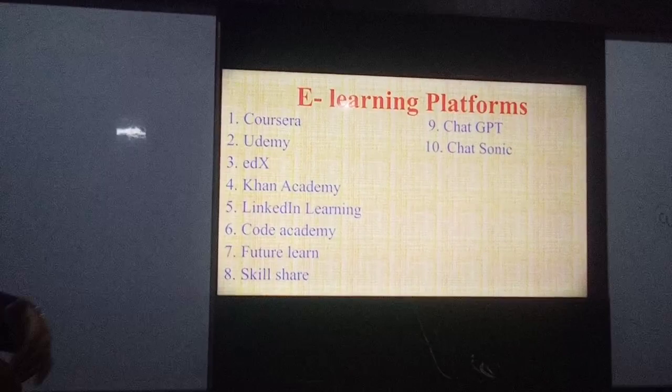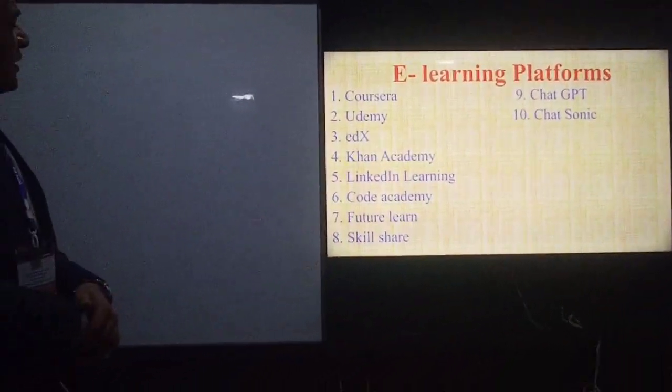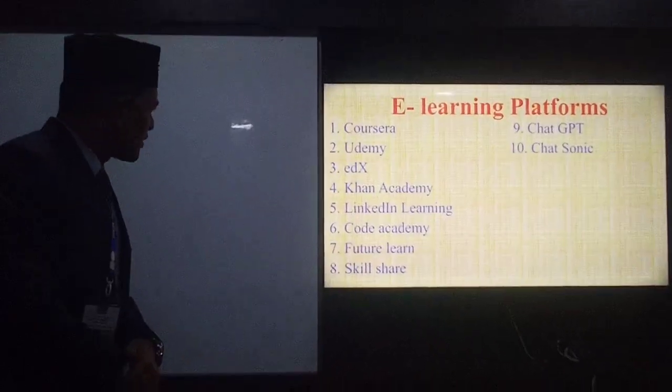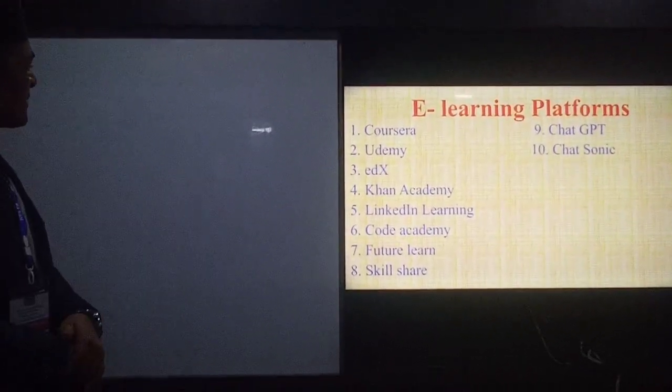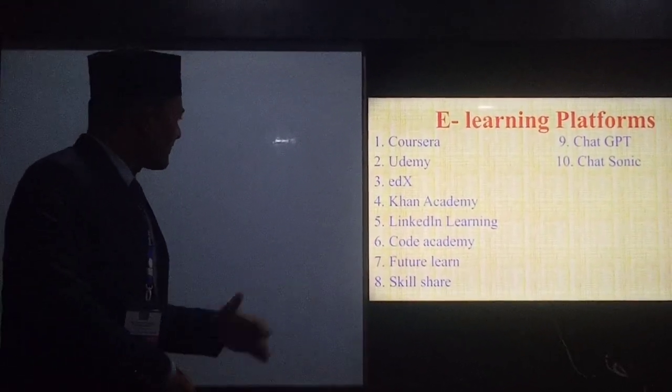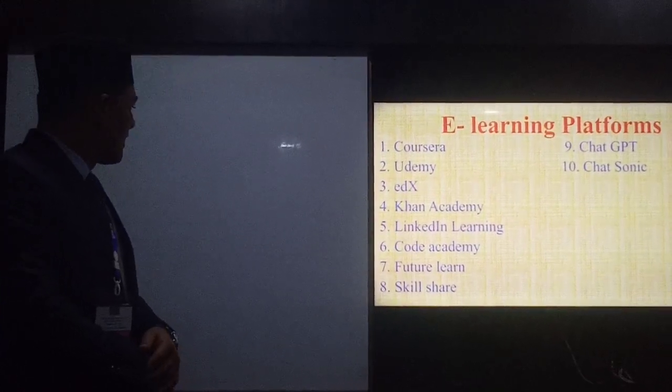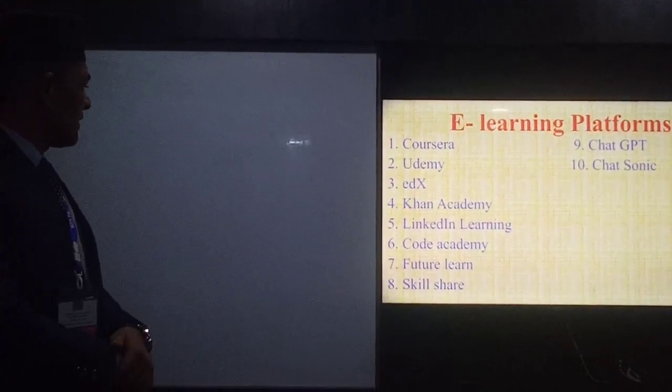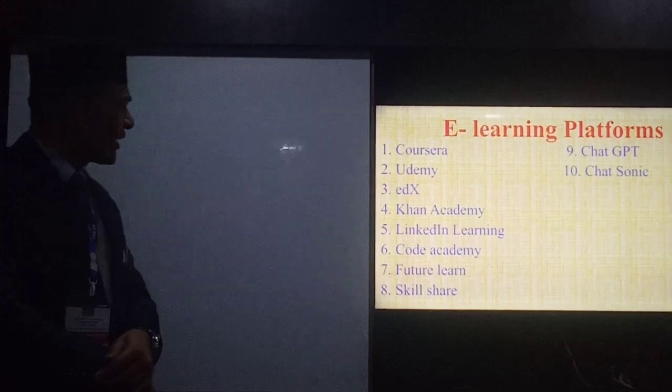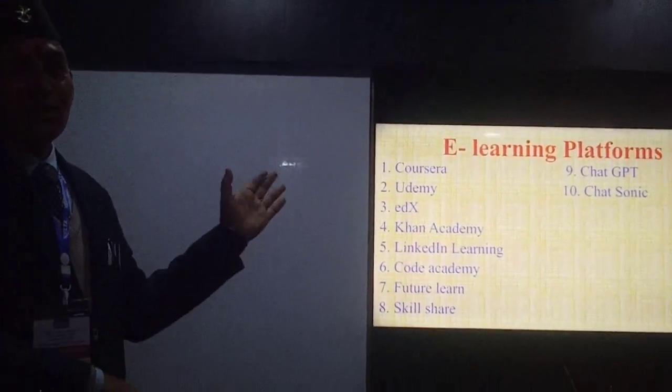Like that, e-learning platforms are also specified. This is my presentation: Coursera, Udemy, edX, Khan Academy, and LinkedIn Learning. Like this, Codecademy, FutureLearn, Skillshare, ChatGPT, and ChatSonic. You see the list.